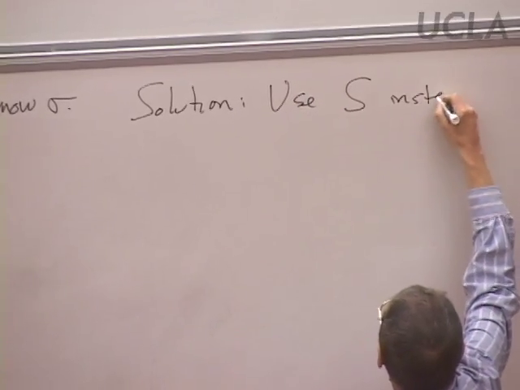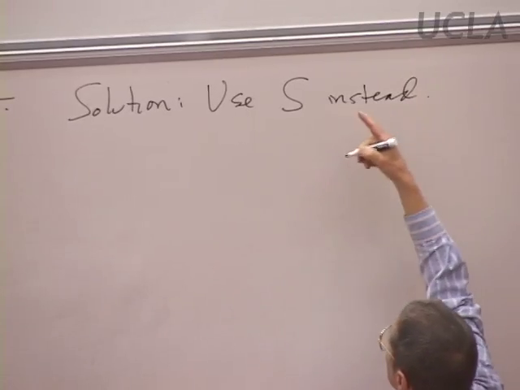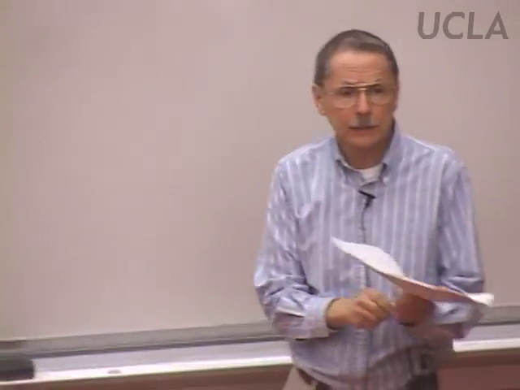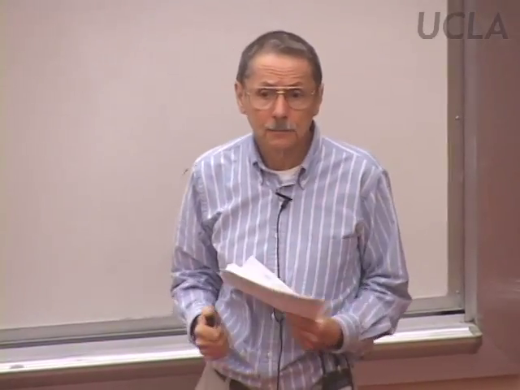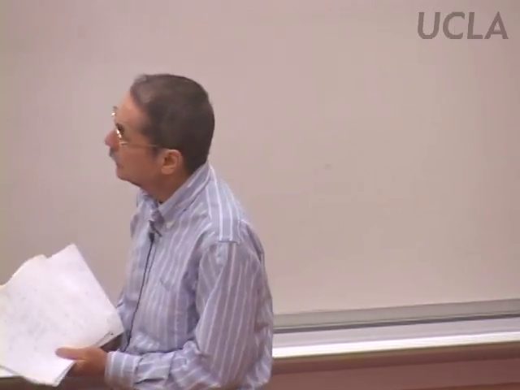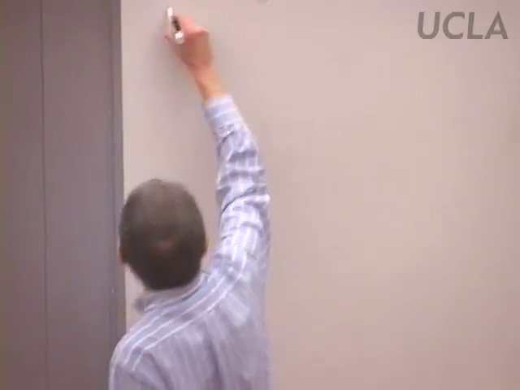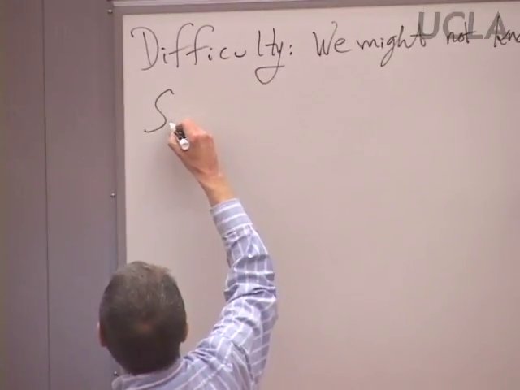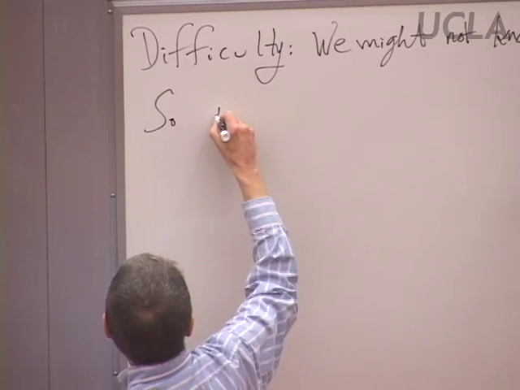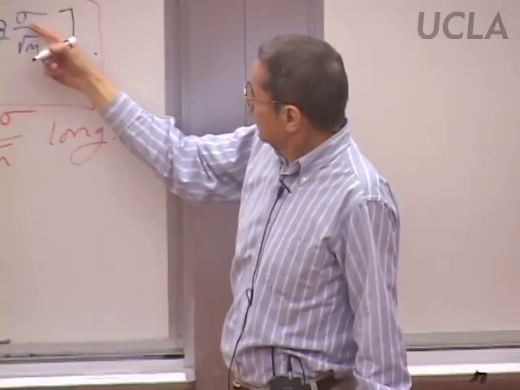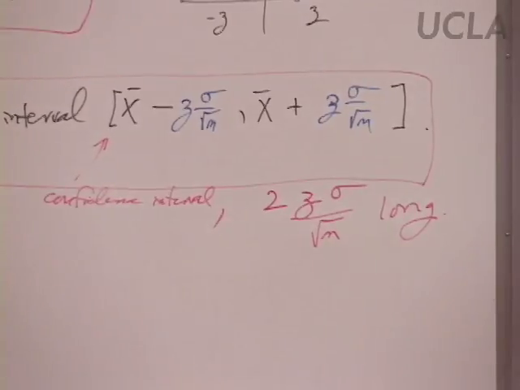But for a reasonably large study, we figure S ought to be close to sigma. And here we have sigma over the square root of n.